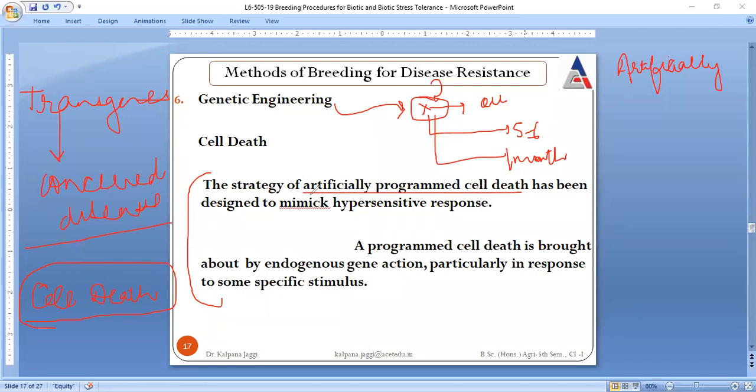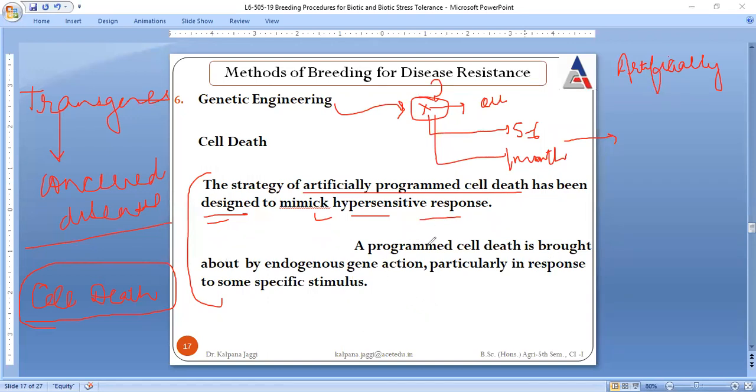The strategy of artificial programmed cell death has been designed, very important, so that it could mimic the hypersensitive response. That means the responses which would otherwise be visible in 5 to 6 years are going to be quickly visible within 1 month. And again I repeat, it will lead to the death of the host, and along with it the death of the microorganism.